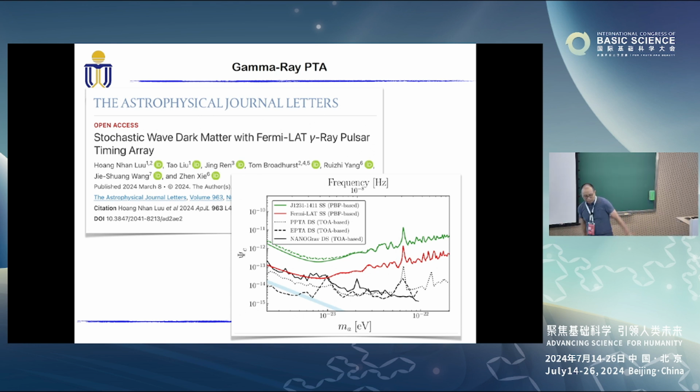Because the statistics is quite limited, the time separation between photon receptions tends to be long. Because of that, the gamma-ray PTA loses its capability in detecting the ultralight wave dark matter.